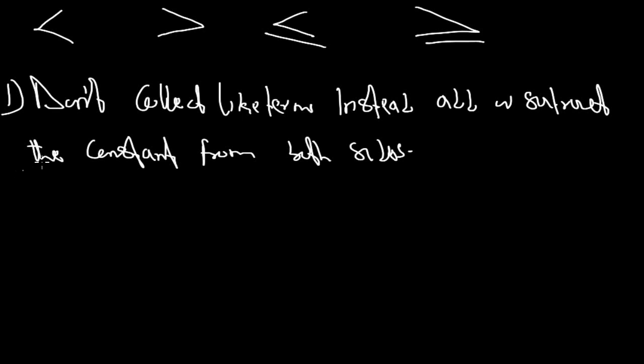What does that mean? It means if before you multiply or divide both sides of the inequality by a negative sign, you are having a less than symbol, for instance, then after doing that, you have to reverse the inequality and turn it to greater than. And this works vice versa.